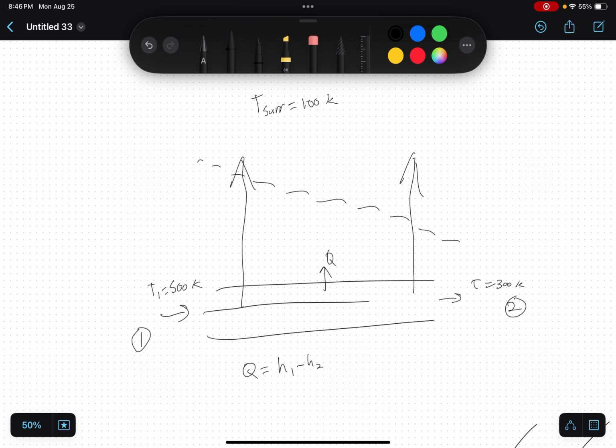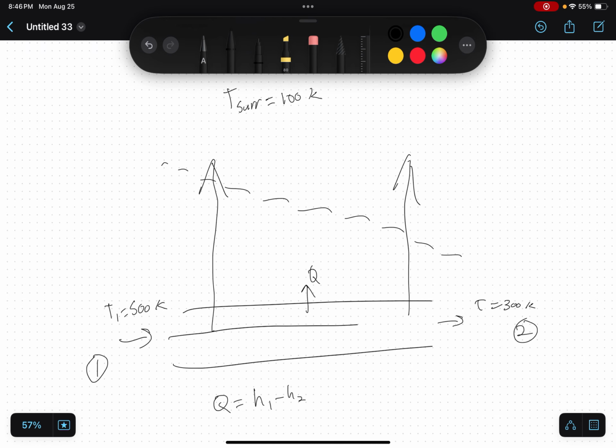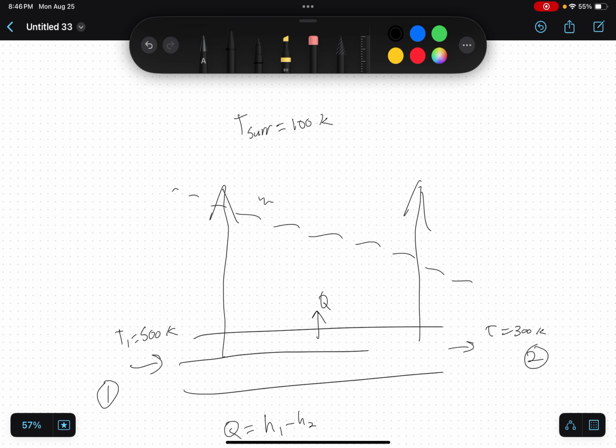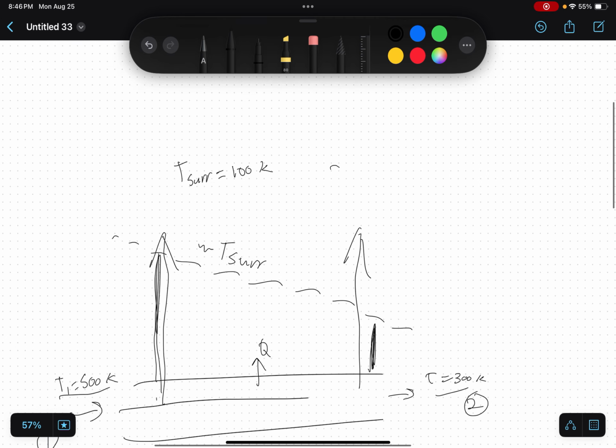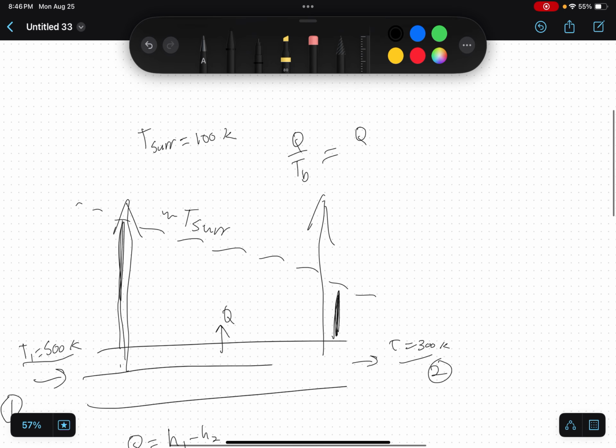At some point, this could all be abstract, and you could just skip this part, but at some point you enter roughly T surrounding. You'd enter it more closely on this side from heat transfer because you're at 300 Kelvin versus on this side you're hotter at 500 Kelvin, so it'll take a longer distance to get up to roughly T surrounding. But then you could say Q over TB equals the Q that we calculated down here.